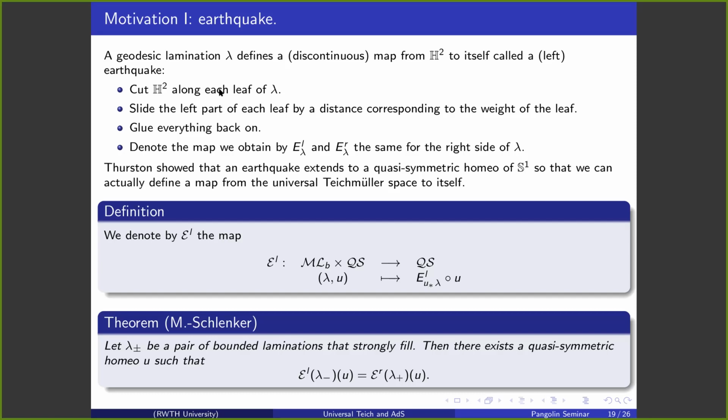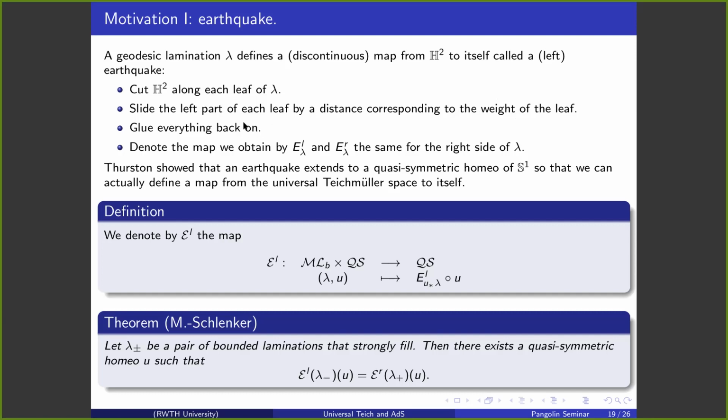You cut H2 along each geodesic of the lamination, and if you want to define the left earthquake, you slide the left half plane, which is on the left of lambda, by a distance corresponding to the weight of the leaf. In the case of laminations with isolated leaves, every geodesic comes with a Dirac mass, which is the transverse measure. This Dirac mass has a weight, and you use this weight to slide the left part of H2 by such a distance. And then you glue everything back.